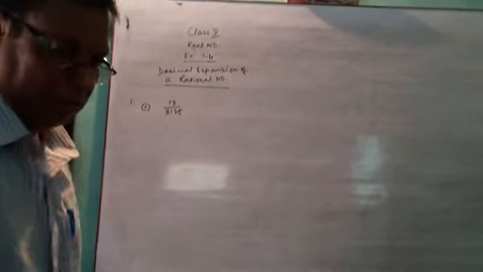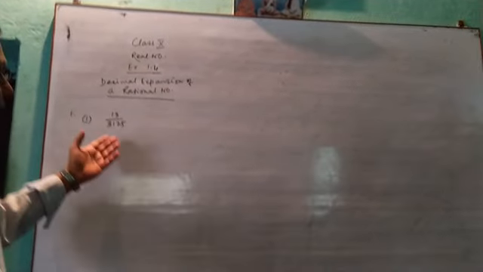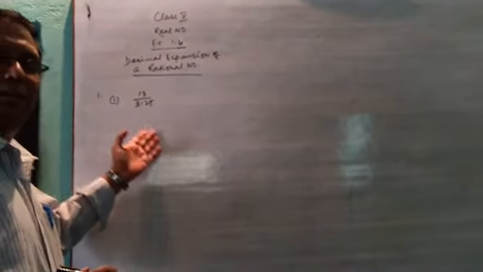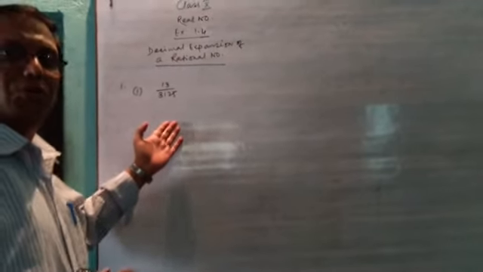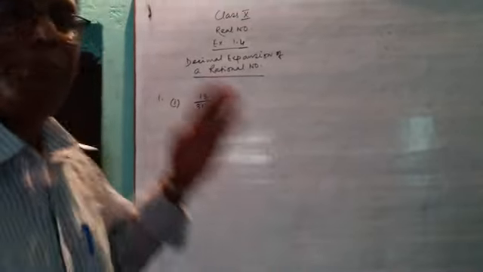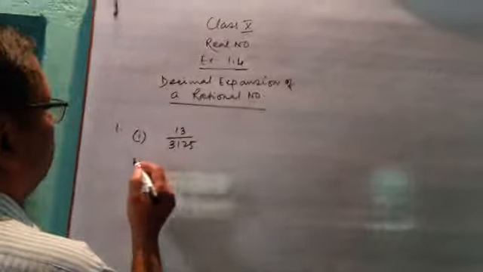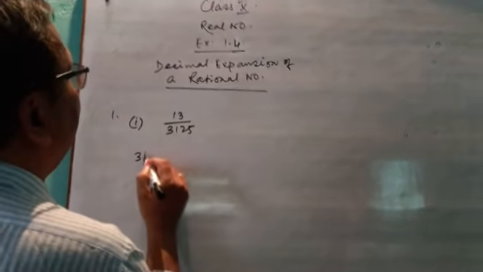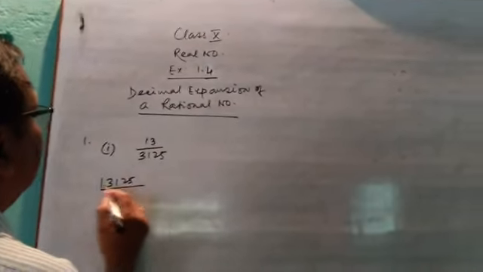So this is the question in the p by q form, and we have to say whether it has a terminating decimal representation or non-terminating repeating decimal representation. What to do? We will find the prime factors of this denominator.